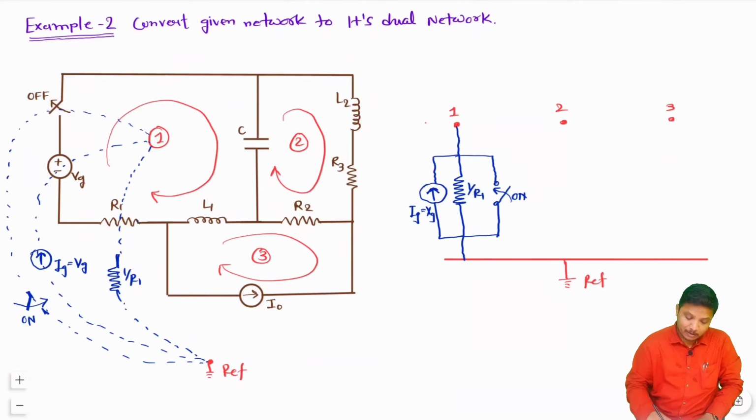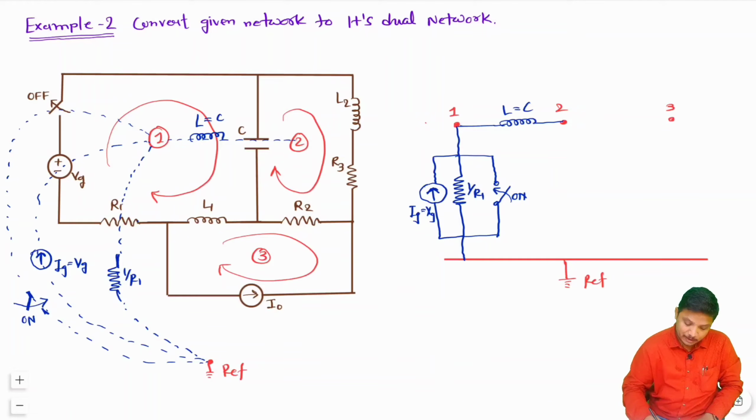Now I'll see this capacitor which is there between 1 and 2. When you draw the dual, between 1 and 2 this capacitor gets converted into an inductor, and the value of this inductor will be C only. So between 1 and 2 I'll be connecting an inductor whose inductance is equal to the magnitude of C, right?